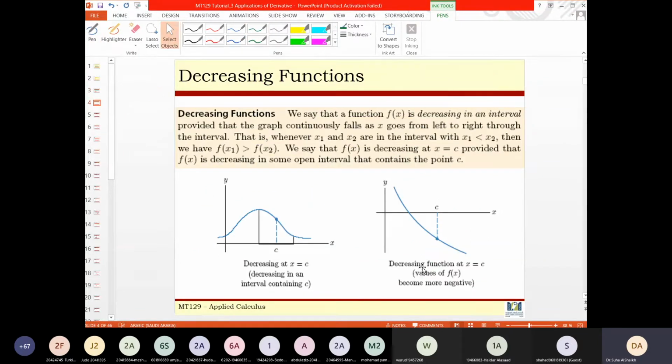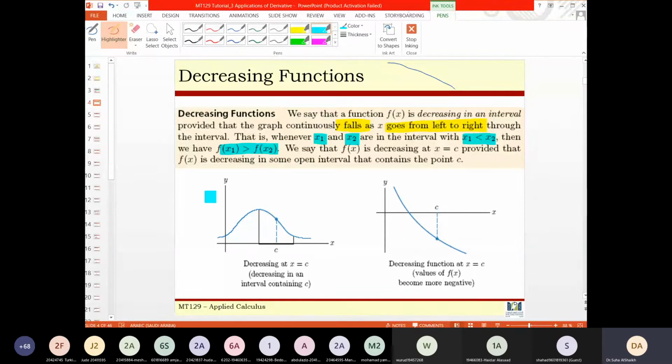So the function is increasing at the point C. Now a decreasing function means the function goes lower and lower as I go from left to right. The function is said to be decreasing if it continuously falls when x goes from left to right. In other words, it is decreasing if I have a point x1 and a point x2, and x2 is the greater one, then f of x1 is greater than f of x2.